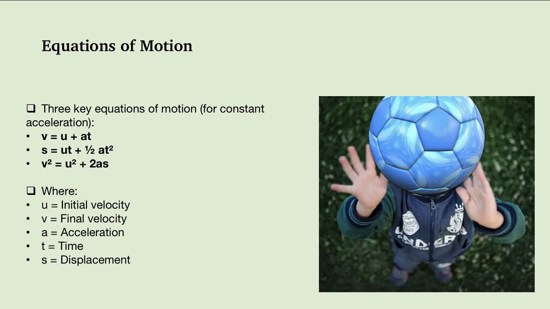And the last, v² = u² + 2as, the formula for the velocity-squared relation, where u is the initial velocity, v is the final velocity, a is acceleration, t is time, and s is displacement. These equations help engineers, scientists, and even athletes to calculate motion accurately.